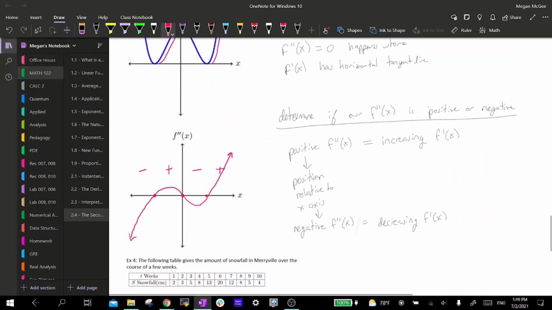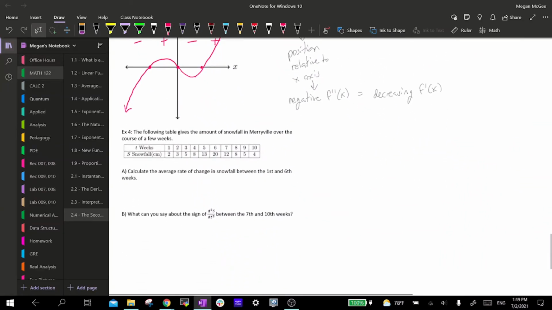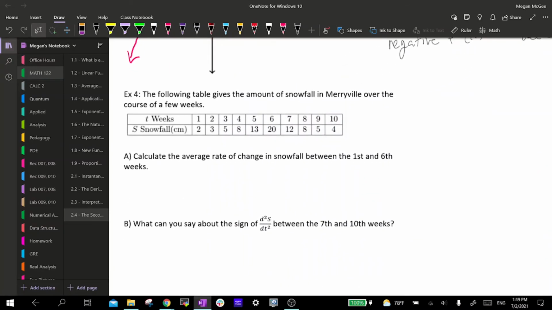All right. Now we have example 4. So the following table gives the amount of snowfall in a town called Maryville over the course of a few weeks. Part A asks us to calculate the average rate of change in snowfall between the 1st and 6th weeks. All right, so we know that our average rate of change, well, that is our delta S, the change of snowfall over the change in time, right?